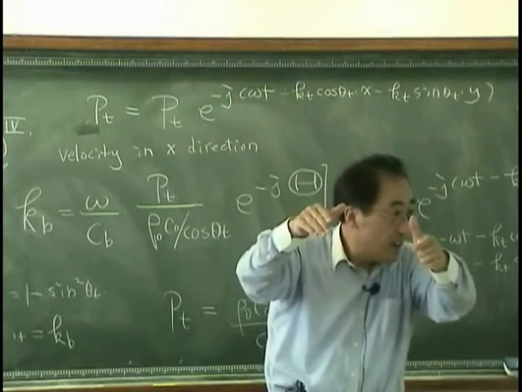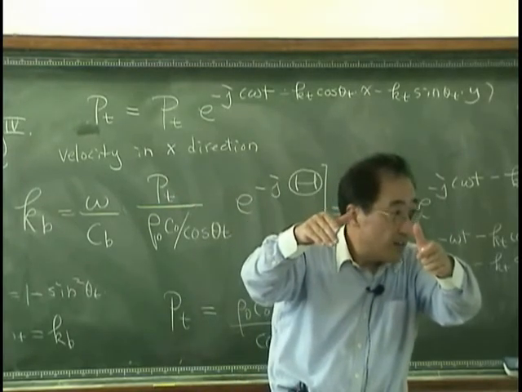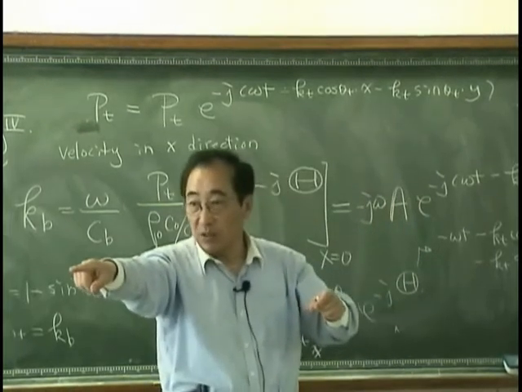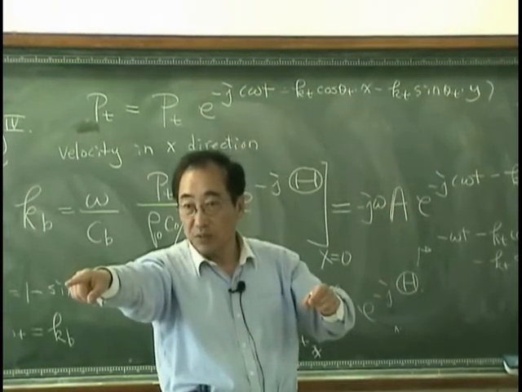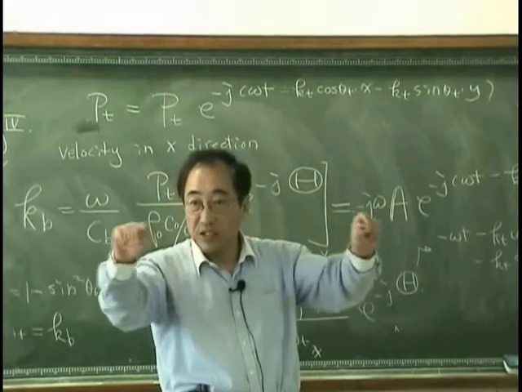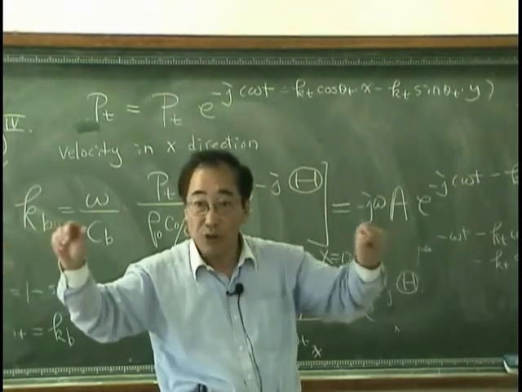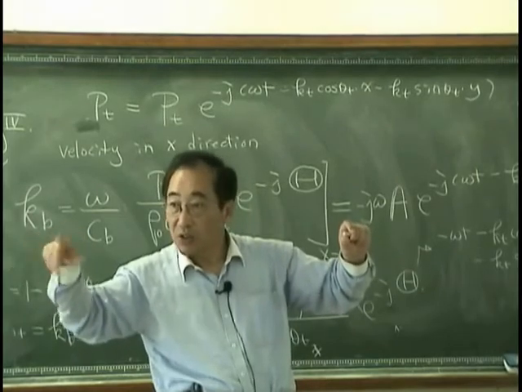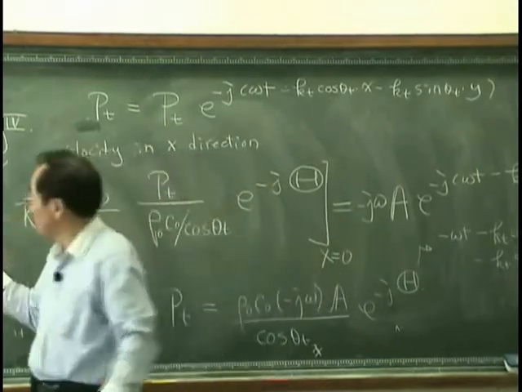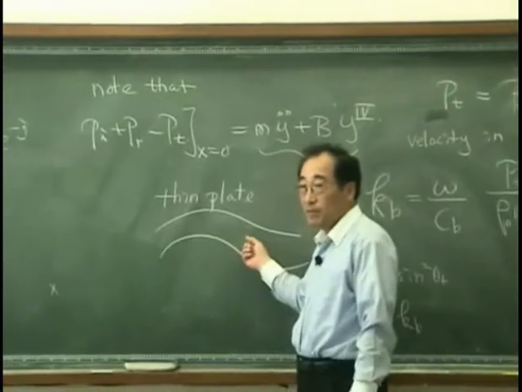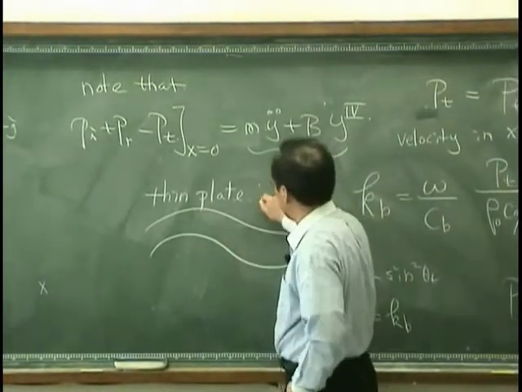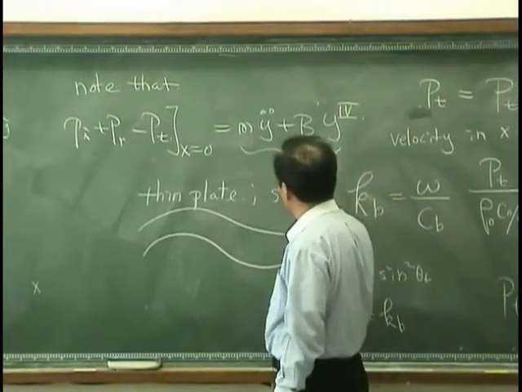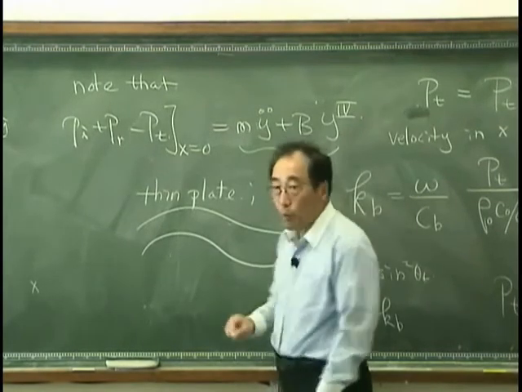Right? So in that sense, what he mentioned, wavelengths would have some meaning. If wavelength is very long compared with the cross section, then it should follow this assumption related with the thin plate. So in other words, thin plate means simple beam or plate.